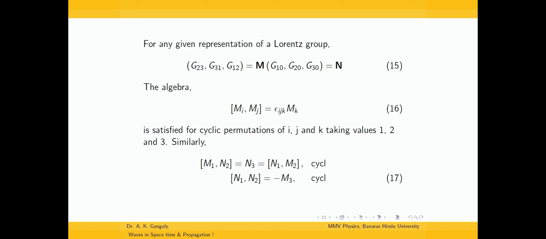We define these matrices by bold M and bold N. It is useful to remember that they are matrices because if we take the product of them in some order and then in a reverse order and then subtract one from the other, that is the usual structure of commutation, then what we generate is what we have denoted by equation number 16.